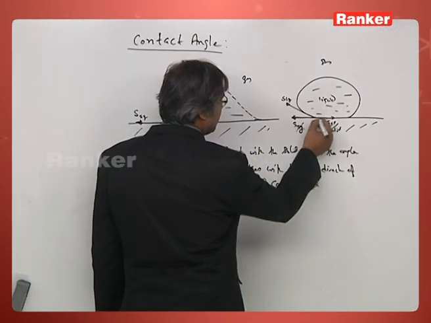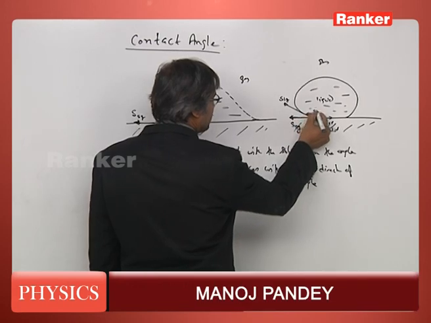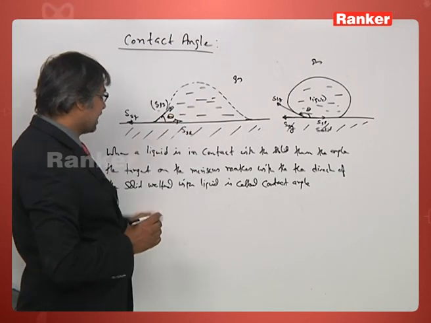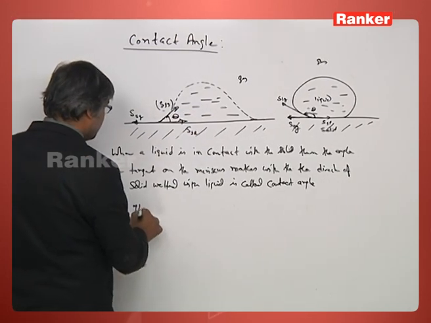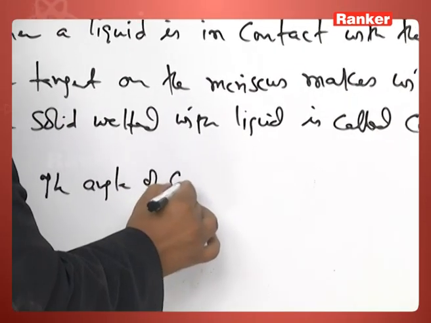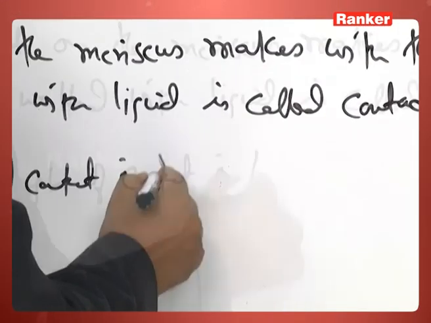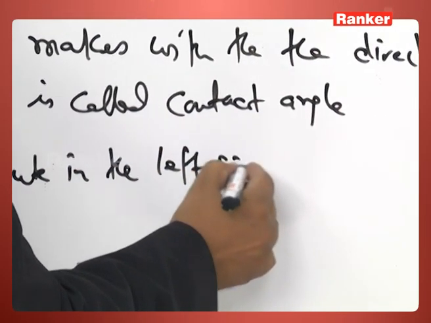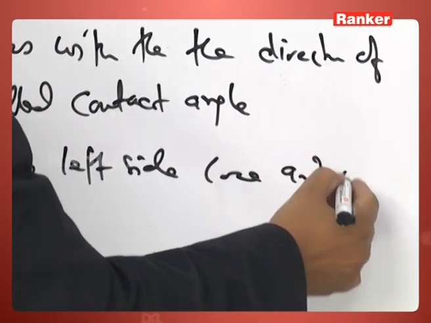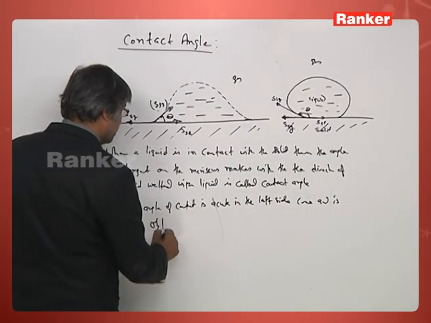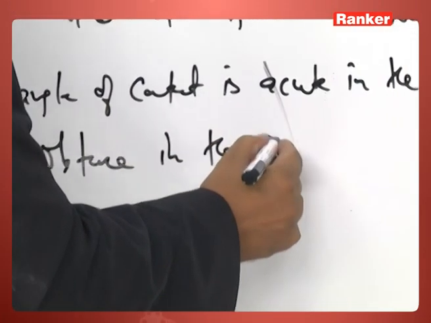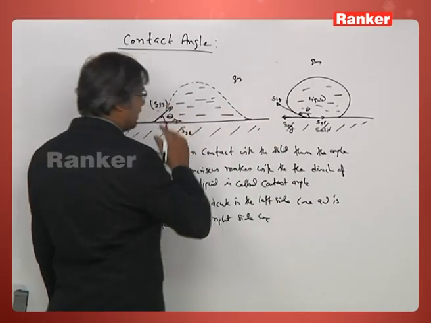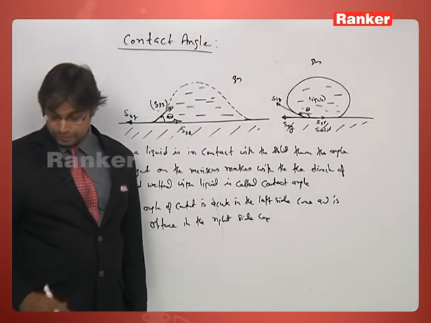So, you see here the solid wetted with liquid is this. So, this is theta and here theta. In this case, the angle of contact is acute in the left side case and is obtuse in the right side case. So, here obtuse, here acute. This is what angle of contact means.